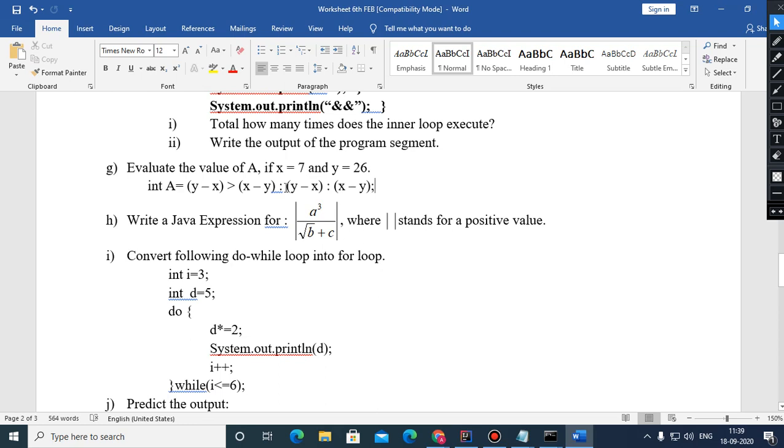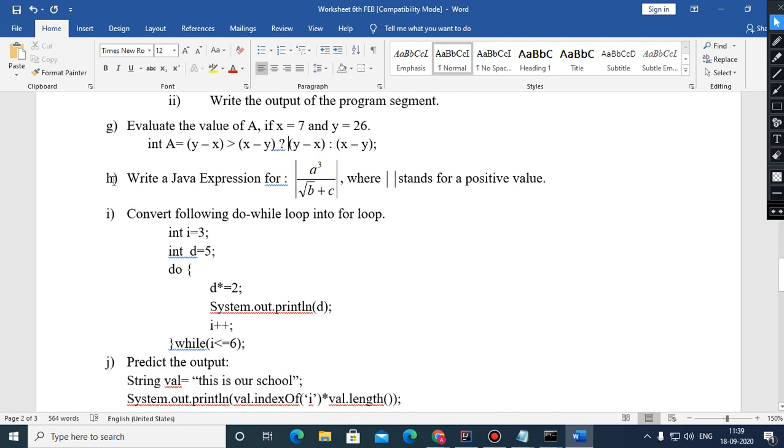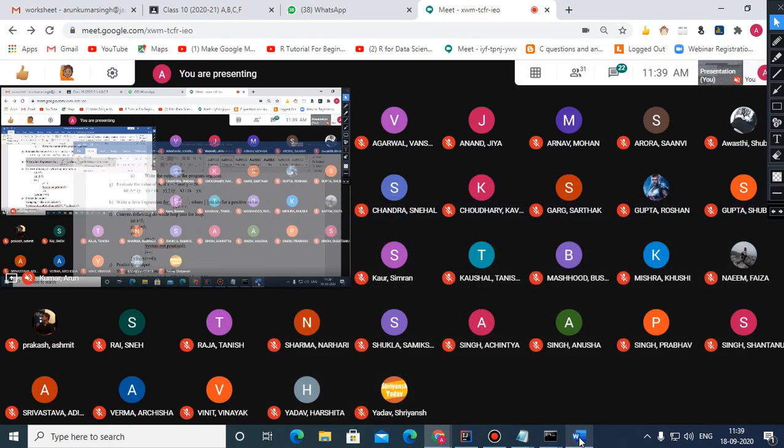Yes. And suppose this is the question mark operator, then what is the answer? So Y minus X is what? Yes, this condition is true. So Y minus X, the answer is 19. So question number 8 you all people can do, I think, or not?